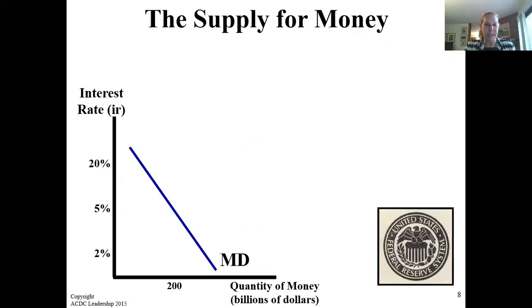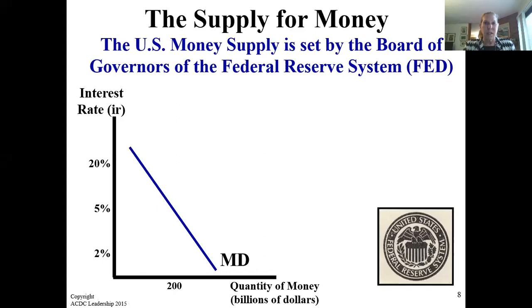Here's the supply for money coming up. We have the demand for money modeled below. The U.S. money supply is set by the Board of Governors of the Federal Reserve System. We also call them the Fed. So the money supply is stable, and it's a vertical line.